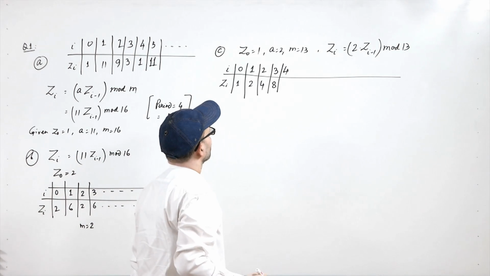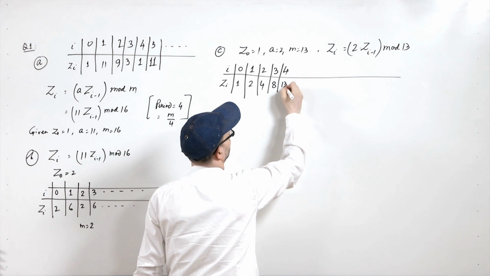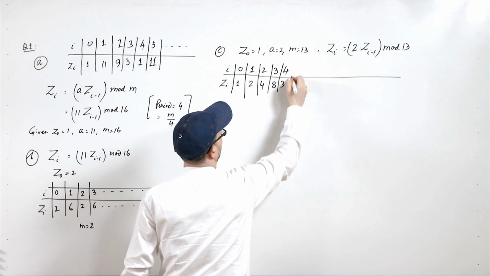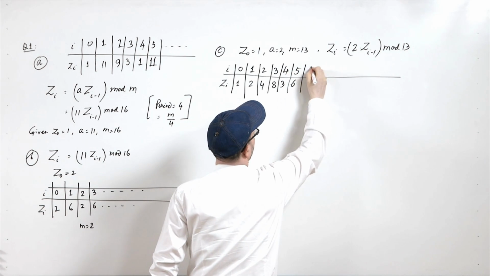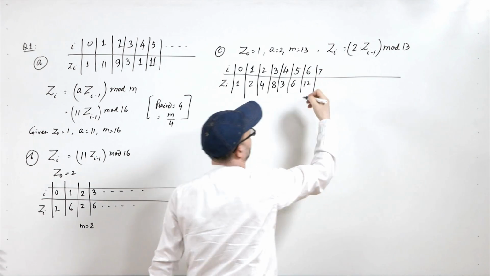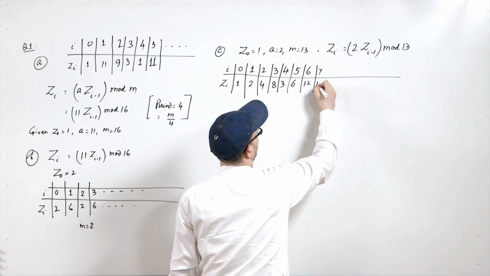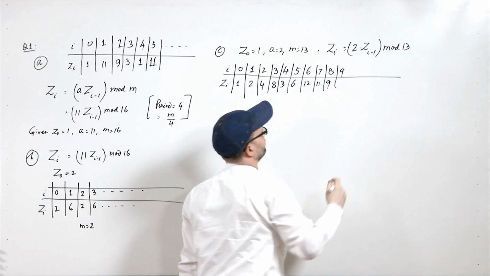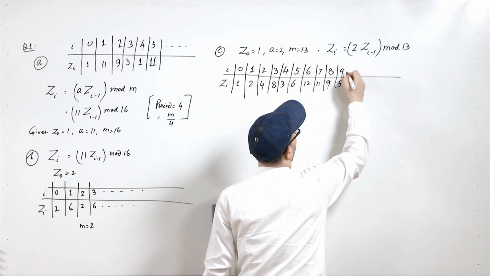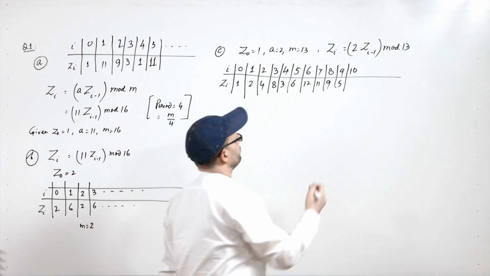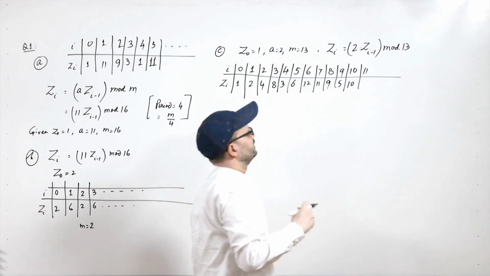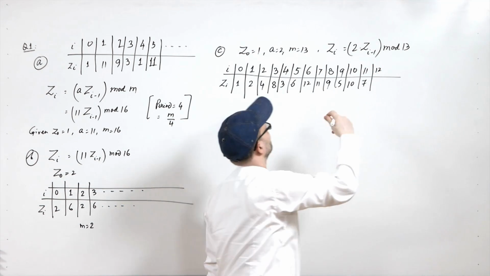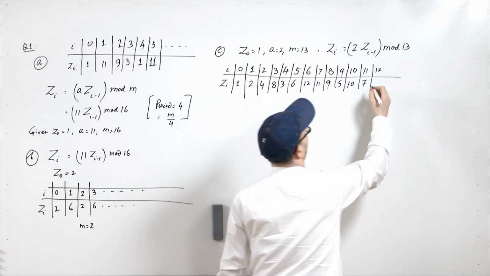Then 8 into 2, 16 mod 13, so 3, because 13 into 1 plus 3. 5 is 6, 6 will be 12, 7 will be 12 into 2, 24, so it will be 11. 8 will be 11 into 2, 22, so it will be 9. 9 will be 9 into 2, 18, so 5. 10 will be 5 into 2, 10. 11 will be 10 into 2, 20, mod 13, 7. 12, 7 into 2, 14 mod 13, so it will be 1.